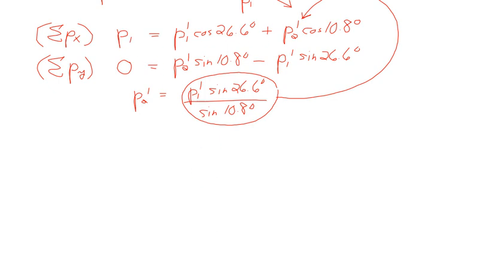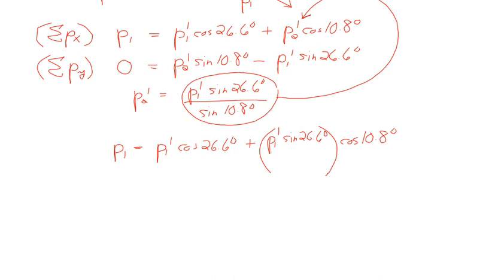So I'm going to get P1 is going to equal P1 prime cosine of 26.6 degrees plus, and now I'm going to replace P2 prime with that. So that's going to go in there, and then I'm going to put the cosine of 10.8 on the outside. So cosine of 10.8 is going to be there, and then I'm going to put in P1 prime sine of 26.6 degrees divided by the sine of 10.8 degrees.